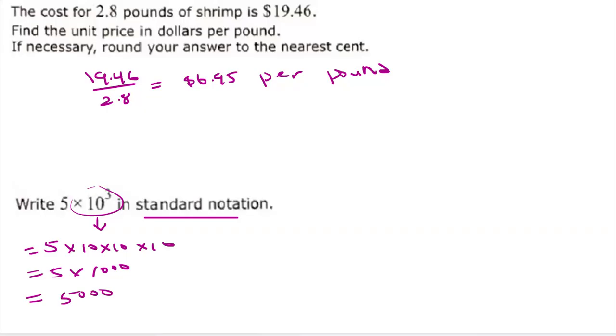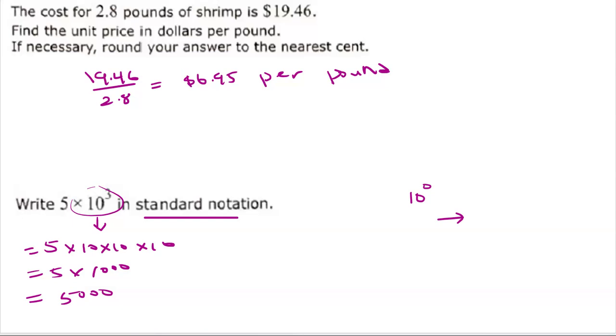Now, one good thing to remember when we're converting from scientific notation back to standard notation is how the decimal works. If I have, say, 10 to the 0 power, and the decimal moves to the right, then the power will go down.